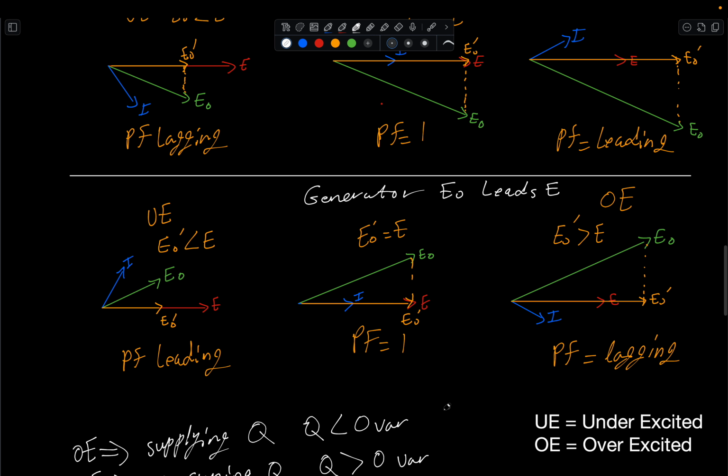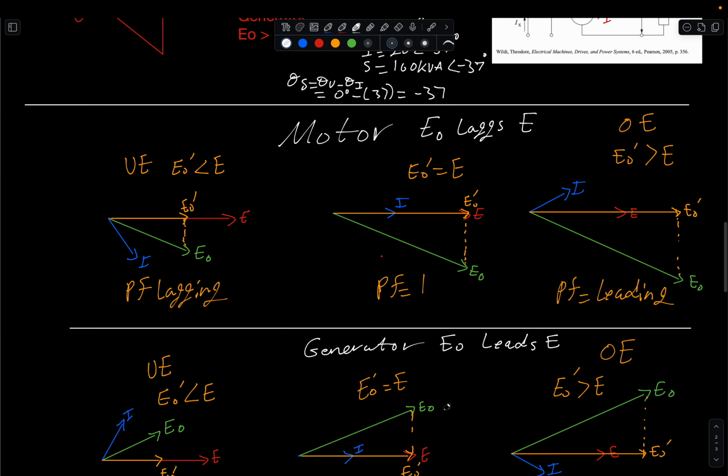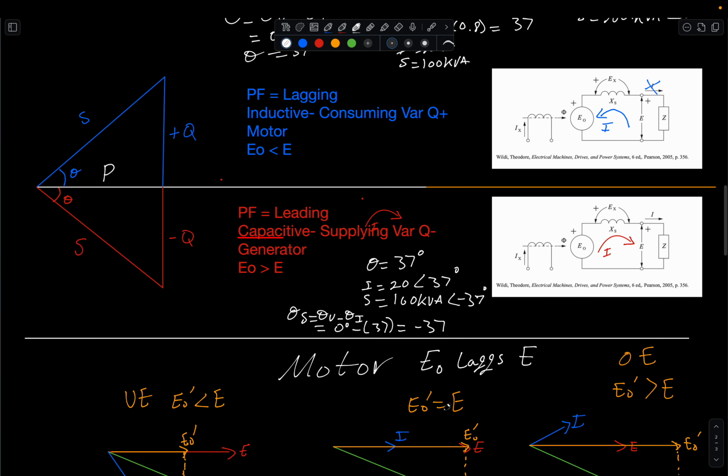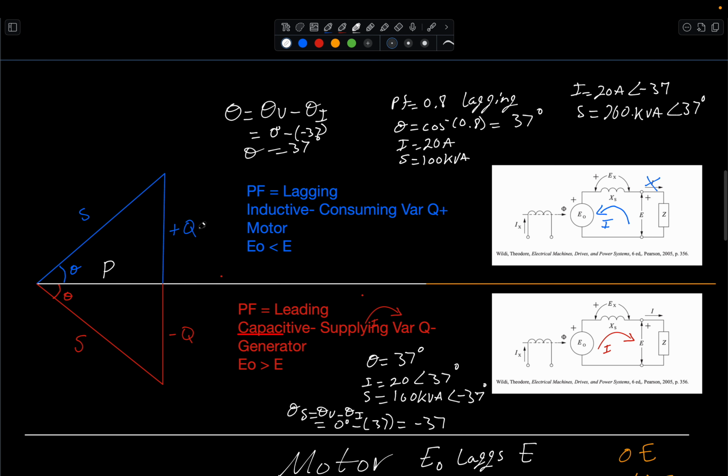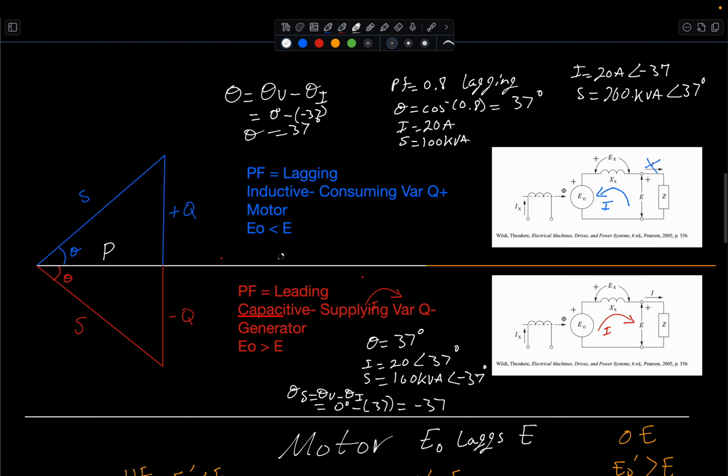It's nice to understand the power triangle in reference to inductive versus capacitive, informing the relationship from internal versus external. Be mindful that it's not about lagging versus leading.